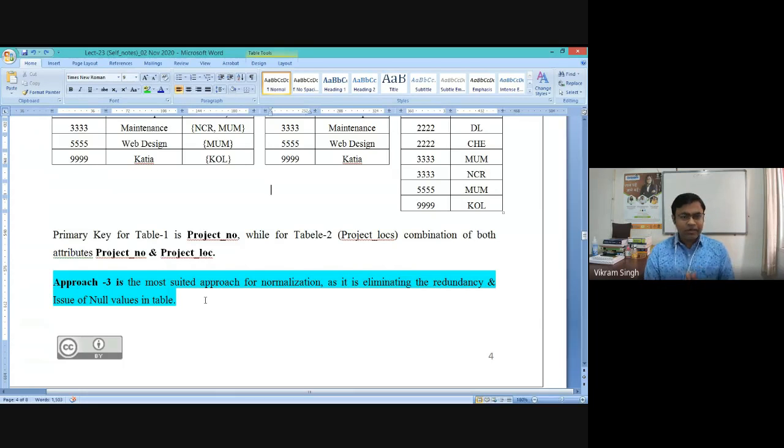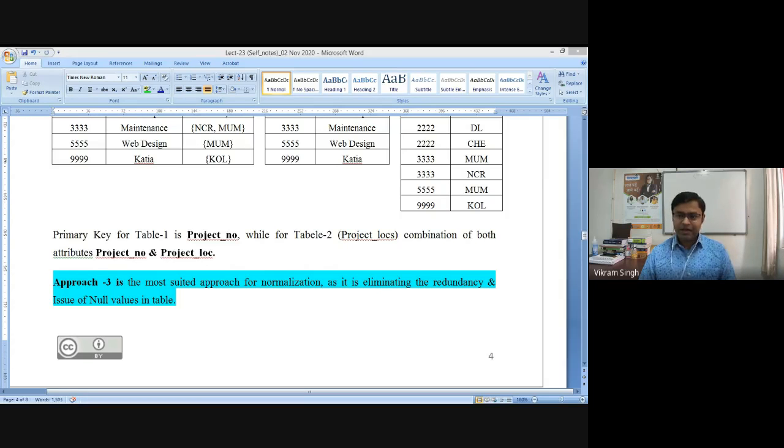If it is not, you can immediately perform this normalization and directly achieve a database table in the first normal form, right? I hope till this point the concepts are clear.